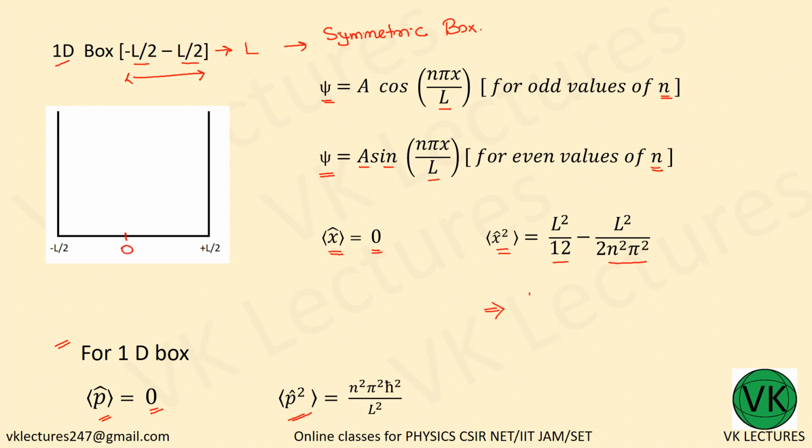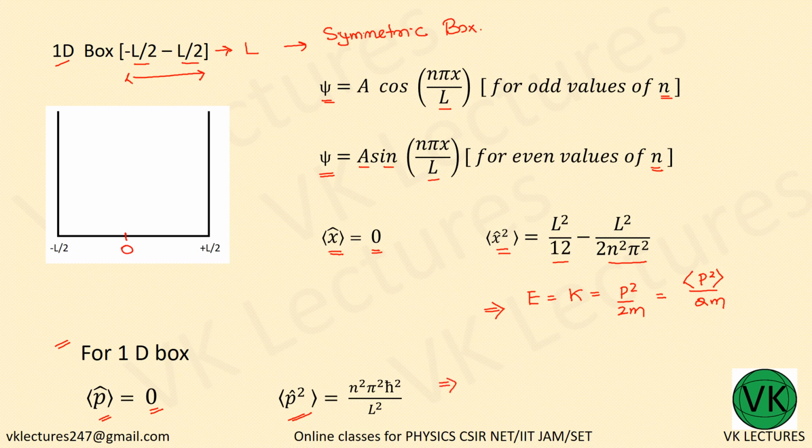We know that the energy is equal to the kinetic energy for the 1D box, which is P²/2m. So you can write it as the expectation of P² divided by 2m. Now just substitute this P² from here.